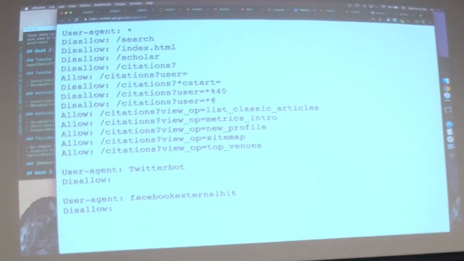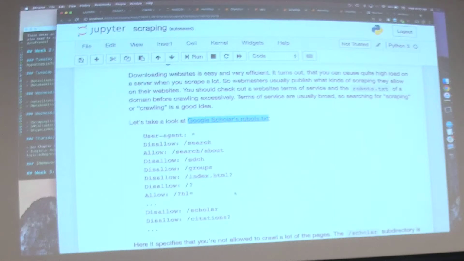I don't know the syntax, but when you want to scrape, the first thing you should do is look at the robots.txt to see what the rules are. If you break the rules, you could get blocked, or get some sort of legal threat if they're particularly upset at you.